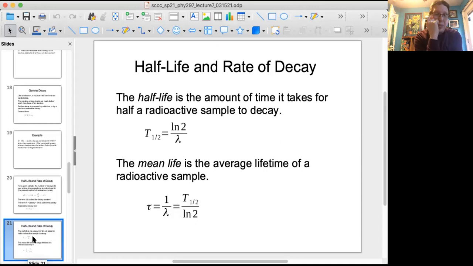And it's also equal to the half-life divided by the natural log of 2. So that's the average lifetime of the radioactive nuclei in the sample, or what the average lifetime of all the nuclei together is going to be in that sample.